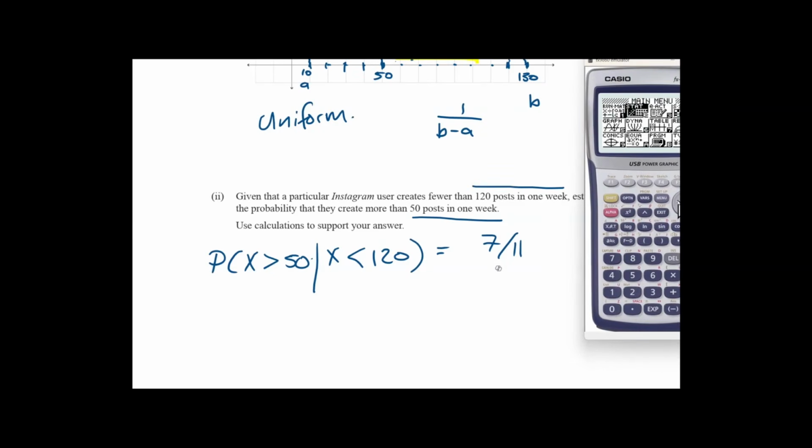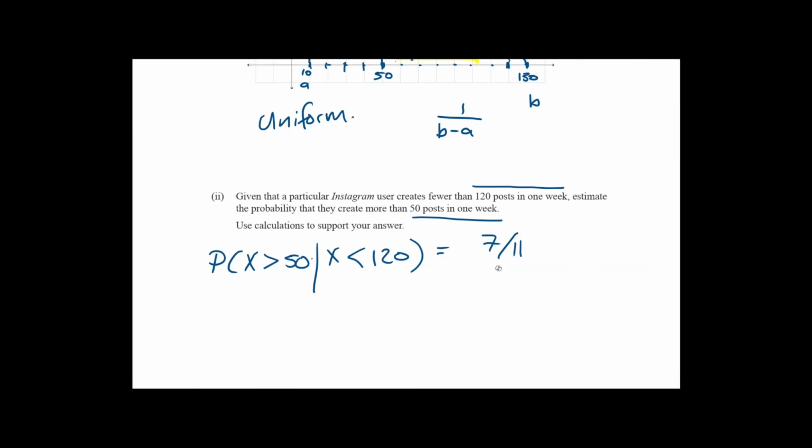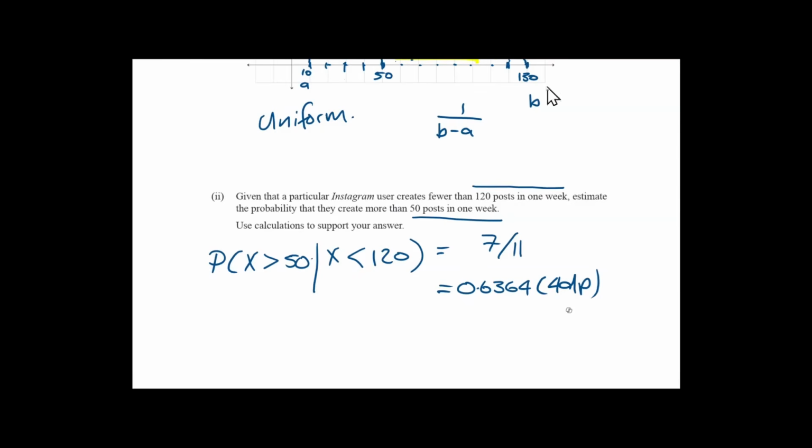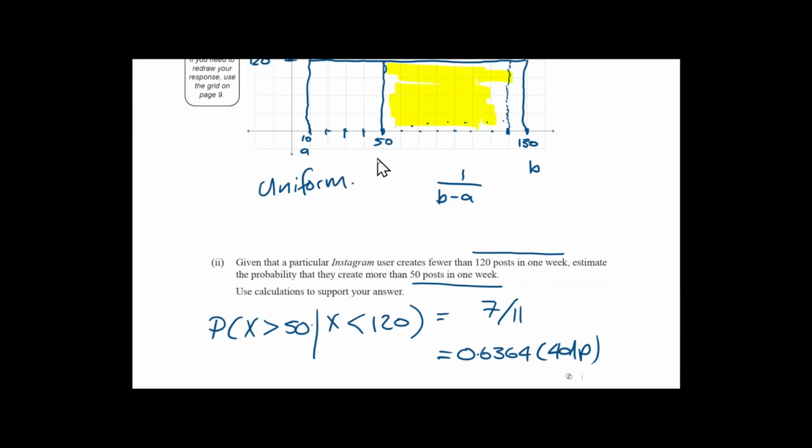Doing the graph makes it a lot easier for us. So 7 divided by 11, as a decimal, is 0.6364. Remember, we said we're going to go to 4 decimal places. That's it. We don't overcomplicate it. Just read it carefully and ask exactly what they want to find out. It's the same group as this, but they cut it down a wee bit on this end, and they want you to disregard everything from here.